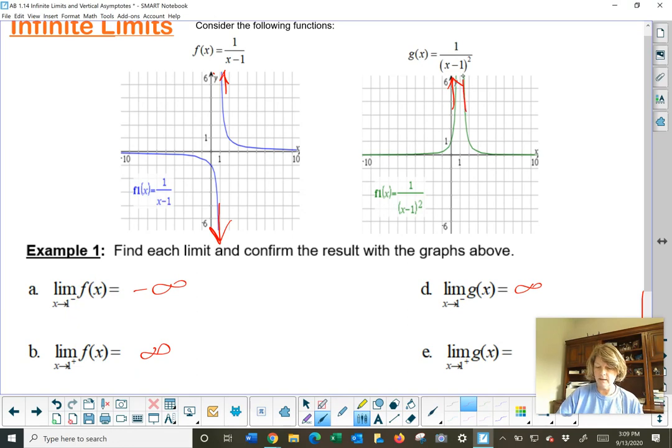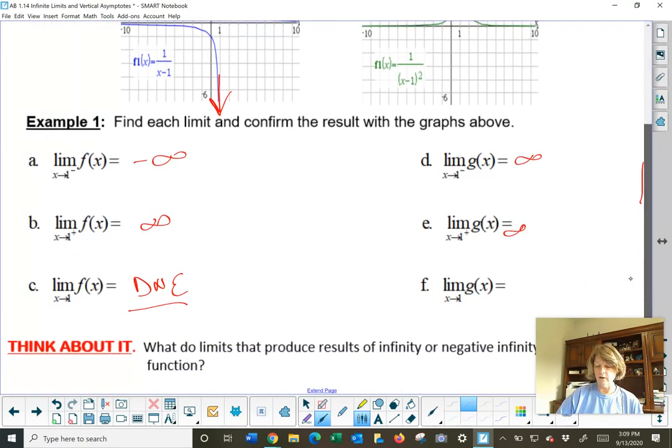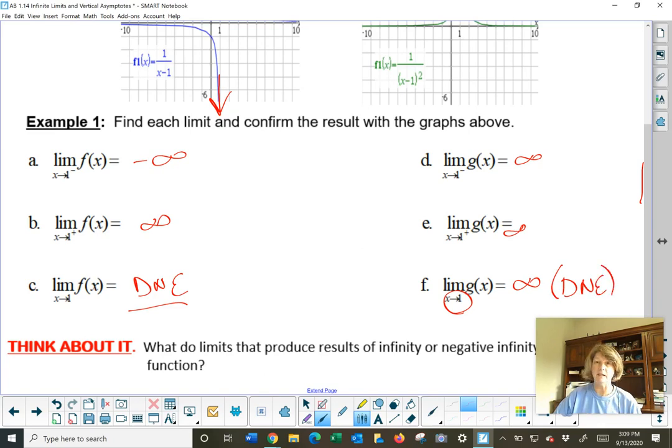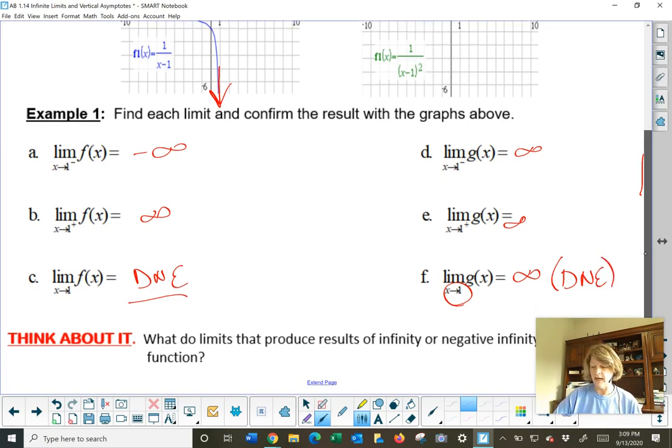And from the right side, we are also headed up to positive infinity. Therefore, as we head to 1, they're both going the same direction, so we can answer that it's positive infinity. This also could be answered as the limit does not exist, but I prefer the infinity because it gives more information.